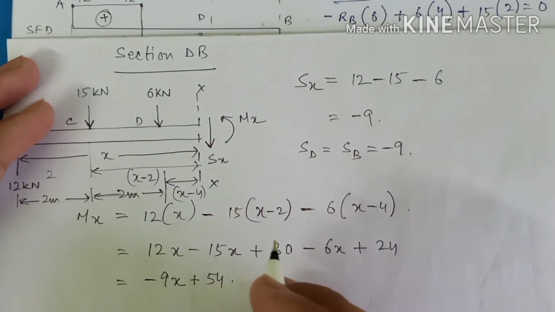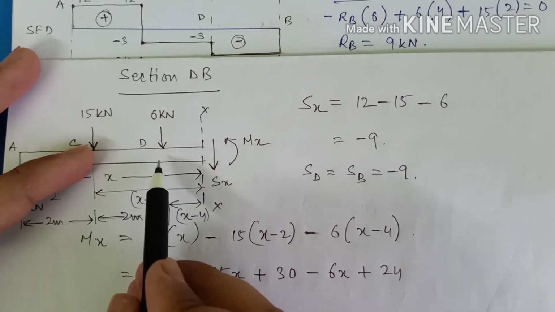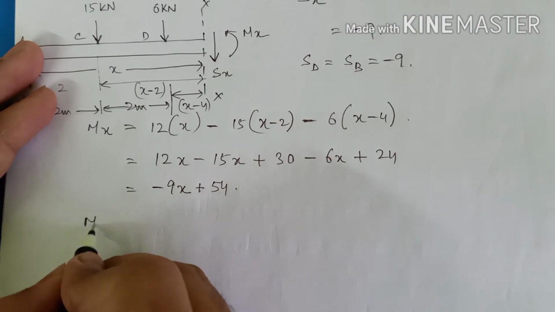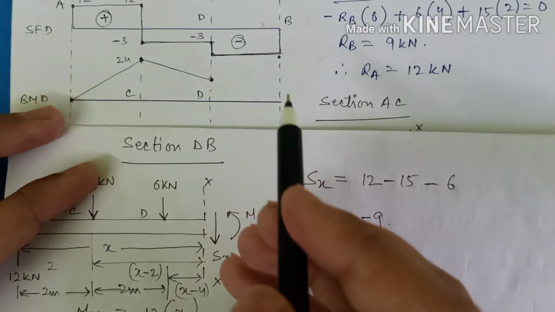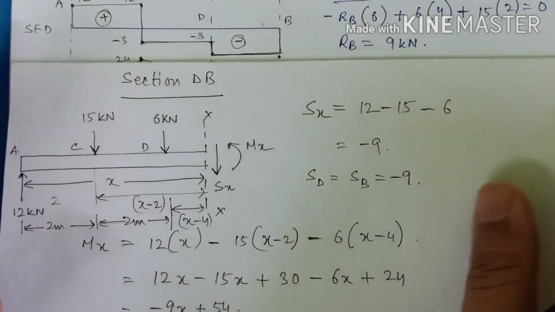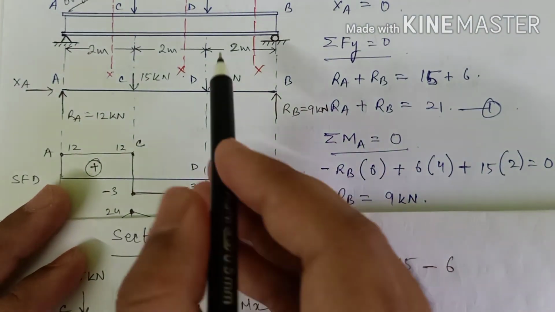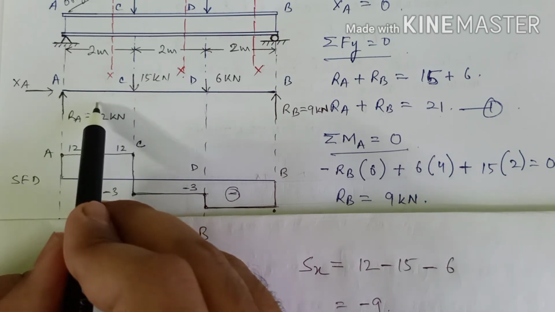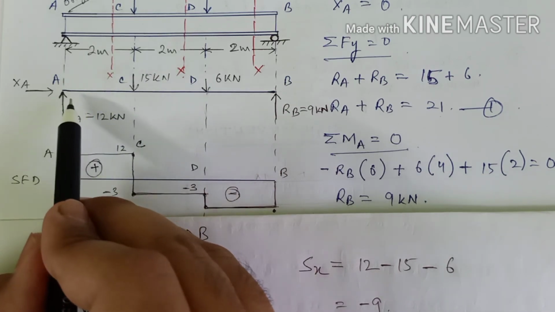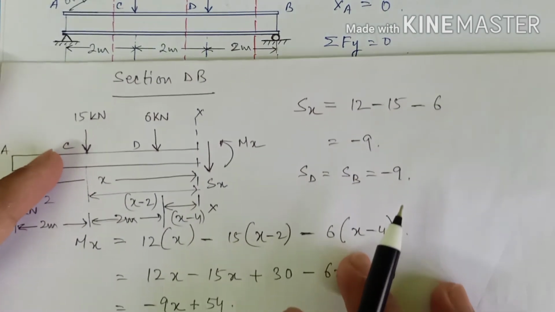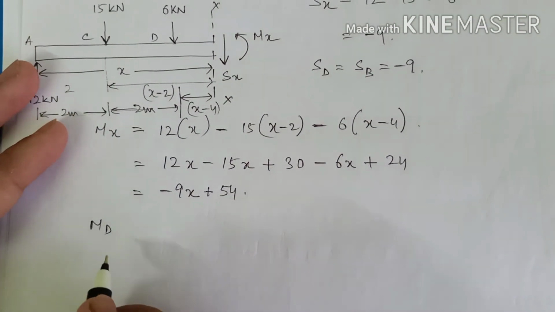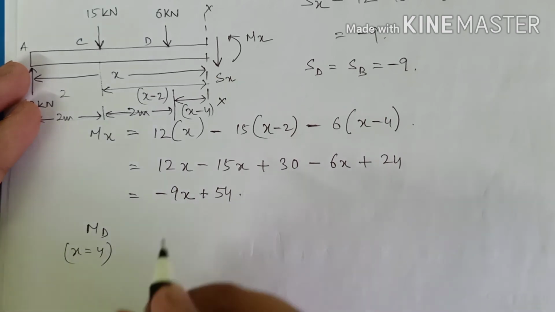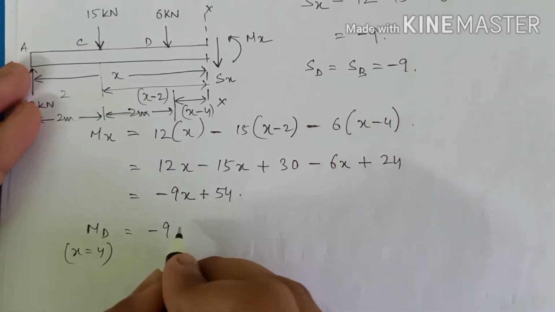So let us calculate one by one the bending moment at D and B respectively, right? So first bending moment at D. So see guys, the point D is basically 2 and 2, 4 meters away from the origin. So for calculating the bending moment at D, we have to take x equals to 4. Just put the value of 4 over here.